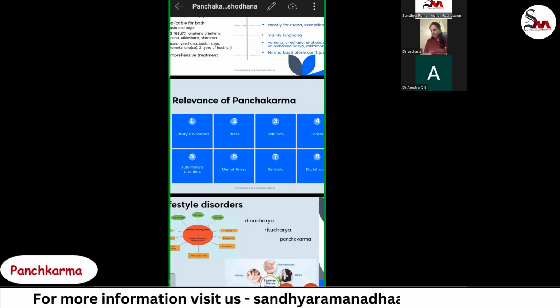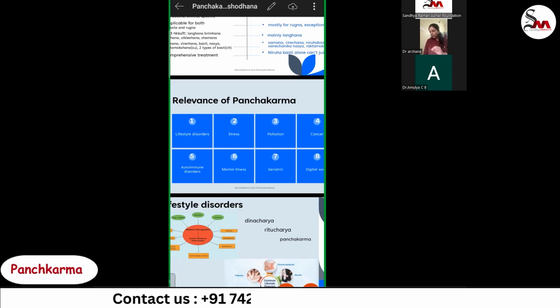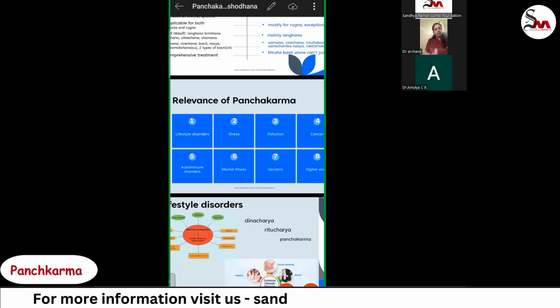We know that when we read about the phalashruti of Panchakarma or Panchashodhana, it is very clearly told: Malapaham Rogaharam, Balavarna, that is Swaravarna Prasadanam, Pitva Samshodhanam Samyak Ayusha Yujjate Chiram. It tells that by doing proper Panchakarma or Panchashodhana, what are you going to get? It tells Malapaham.